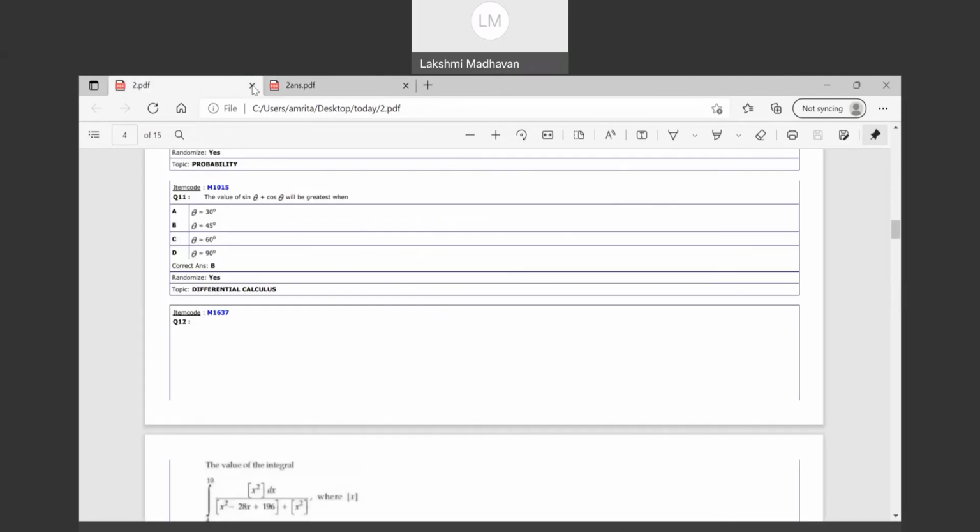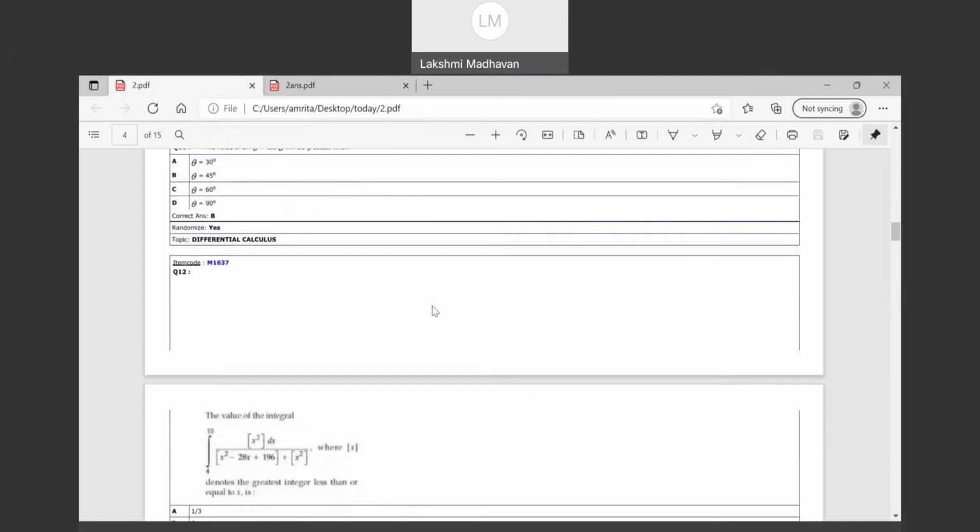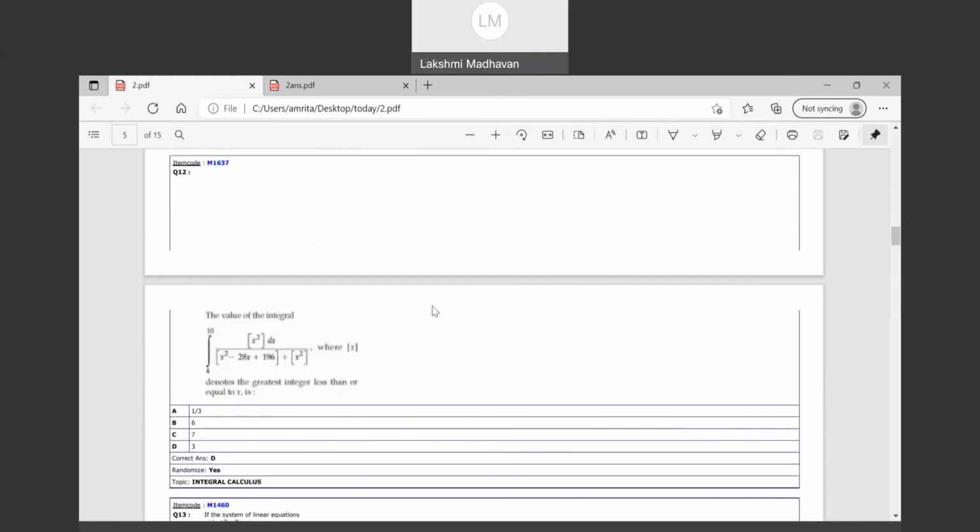This is also a question which was there in JEE. Now moving on to the next question. The value of the integral from 4 to 10 of x square dx divided by x square minus 28x plus 196 plus x square, where x denotes the greatest integer less than or equal to x.